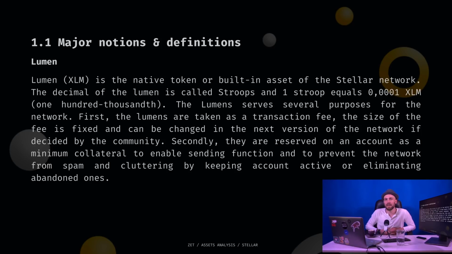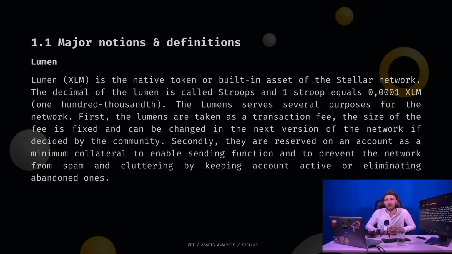if an account wants to be able to send money, this account must have a collateral. Right now it is, I believe, half of a lumen, something like this. Yeah, half of a lumen, but that depends on the size of the transaction you want to send.